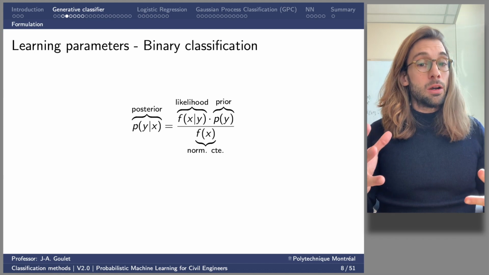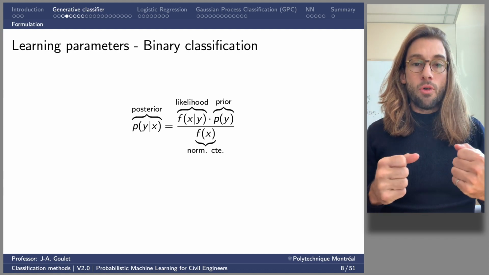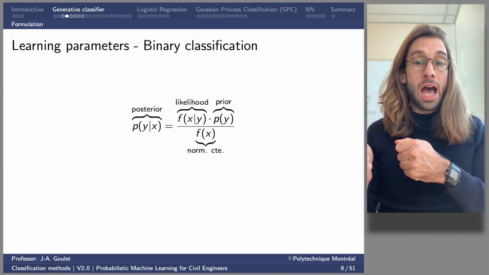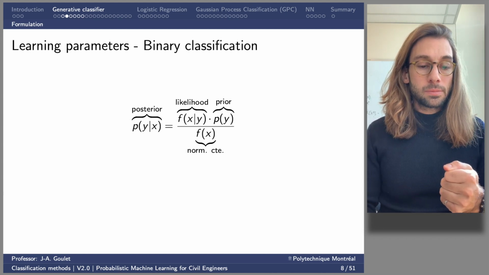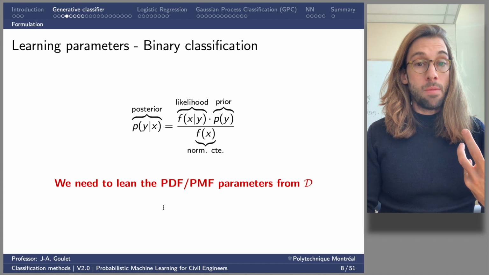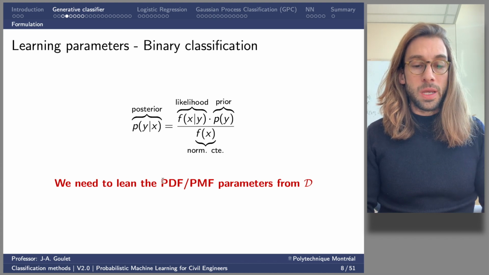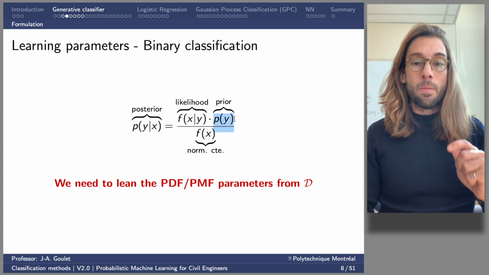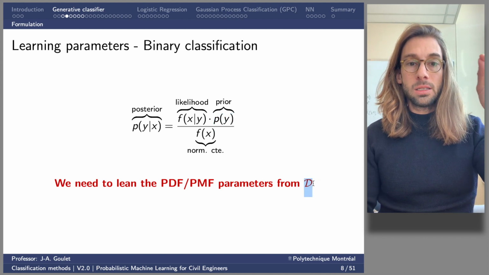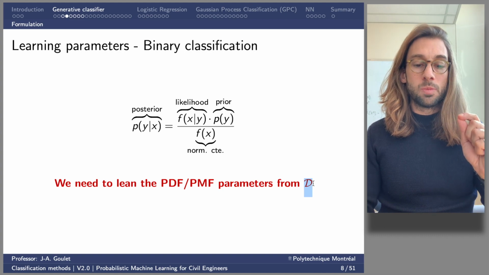So the key here is, how do we learn the parameters for all the quantities we have in that generative classifier? We need to learn the parameters associated with either the PDF in the likelihood or the PMF in my prior. And we need to learn these parameters through my data, through my observations of classes associated with covariate responses.